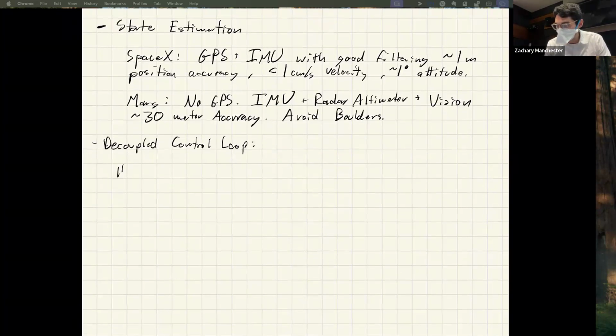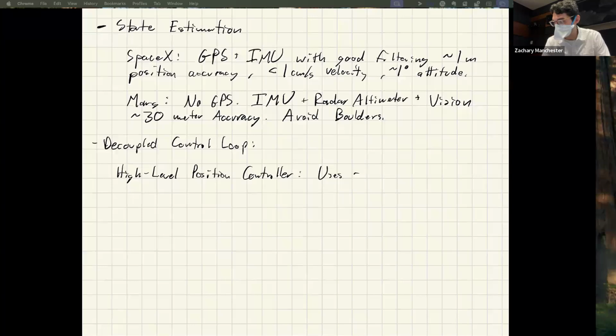So there's this high-level position controller. This thing uses a point mass model, and it's just F equals MA.